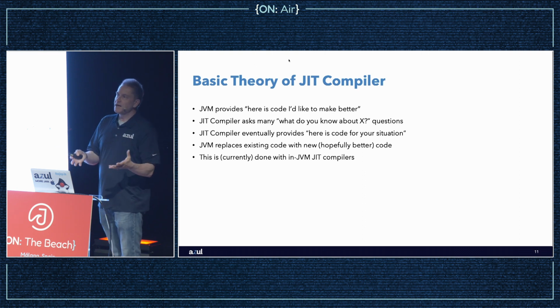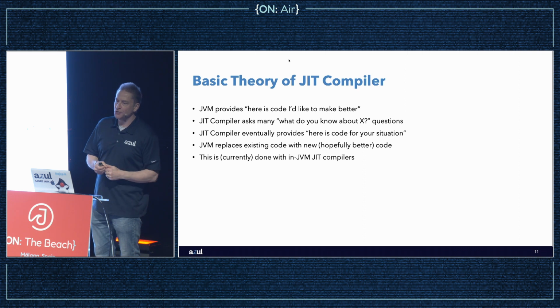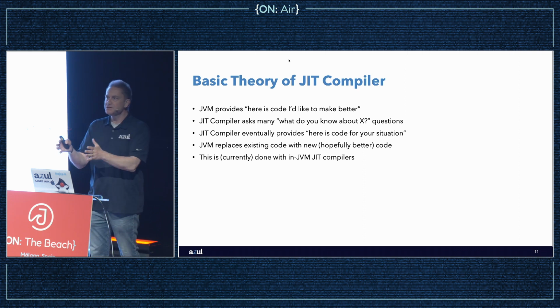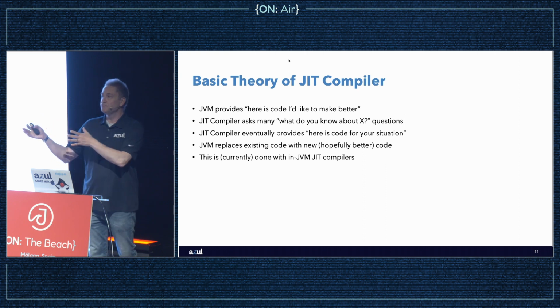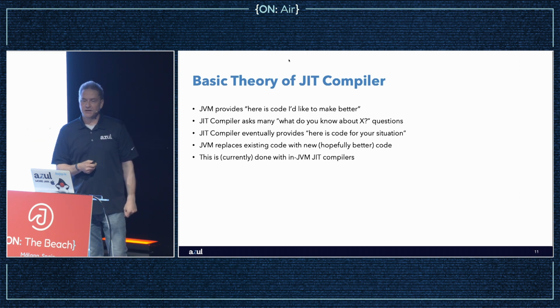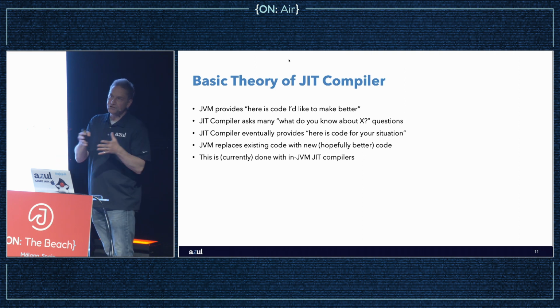The JIT compiler will use that, and then it will eventually return a piece of generated code and say, here's the code for your particular situation. The JVM will then replace what it's using currently, whether it's bytecodes, C1 compiled code, or even C2 compiled code, with something else. And it will say, hopefully that's going to give us better results. And that's all currently done with the JIT compiler that sits inside the JVM.